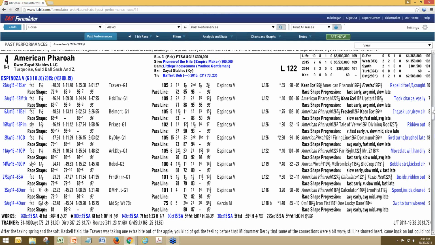It is a very, very honest surface. So while American Pharoah will be helped from a tactical standpoint, not having any challenges early, he's not going to get any help from the track surface like he would have gotten, let's say, if this race were run at Santa Anita. So I think for those two reasons, value and the surface that he's running over, he's a bet against. I really do.